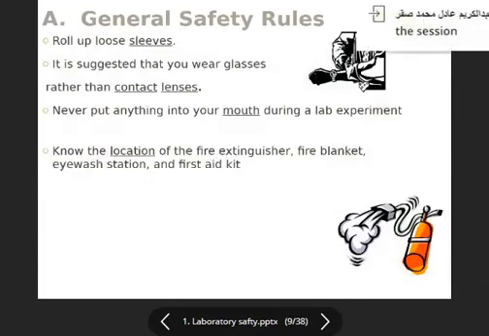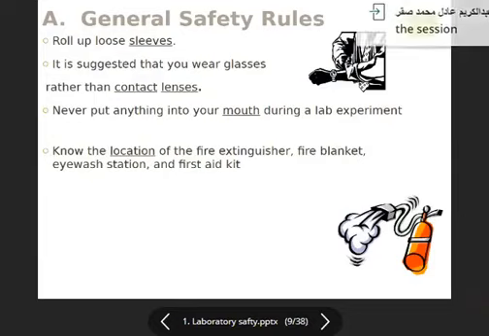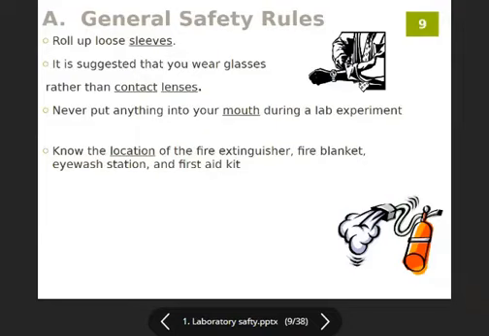If you wear glasses, please do not wear contact lenses. Contact lenses, no. You can wear glasses, okay, but do not wear contact lenses. In the lab, we have a fire extinguisher.